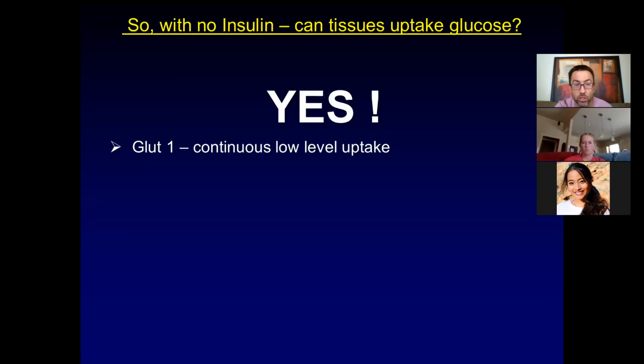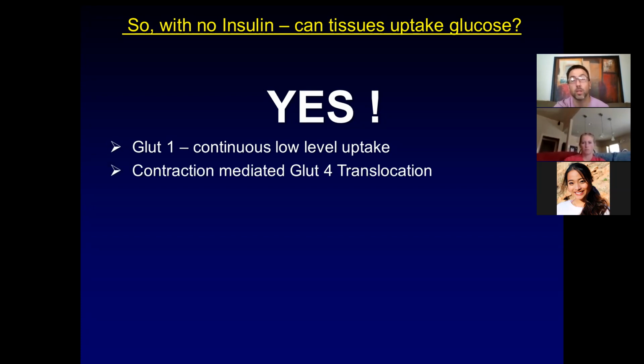You always have some additional glucose receptors called GLUT1 that are always in this kind of continuous low level on the membrane of skeletal muscle, okay? There's going to be a low level there. But then we have something that is called contraction-induced or exercise-induced GLUT4 translocation, okay?